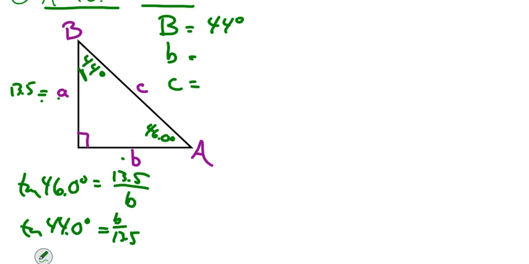Okay, so there's always options here, there's always choices. If I do this second formula, I multiply both sides by 13.5 to solve for b. So does anyone have the tangent of 44 degrees times 13.5?